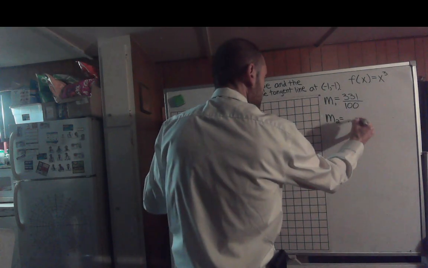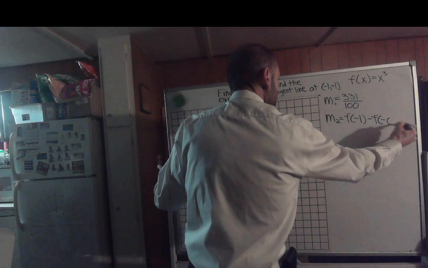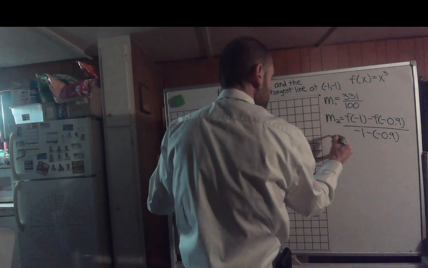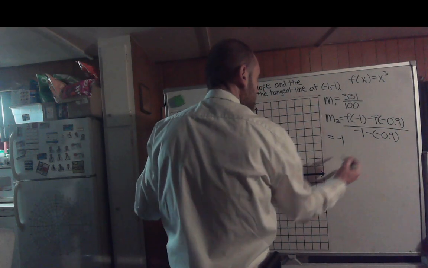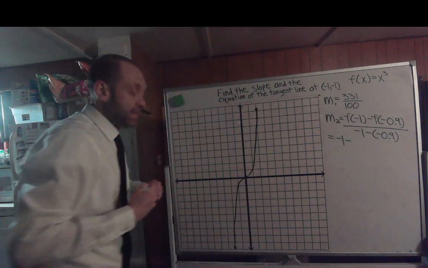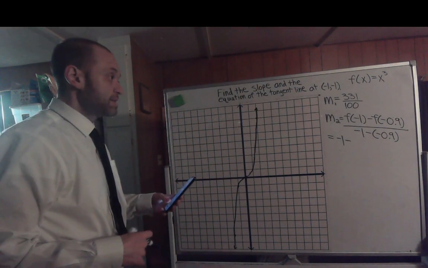So if we take f of negative 1 minus f of negative 0.9, divide that by negative 1 minus negative 0.9, f of negative 1 is negative 1 minus, well, what is negative 0.9 to the third power?